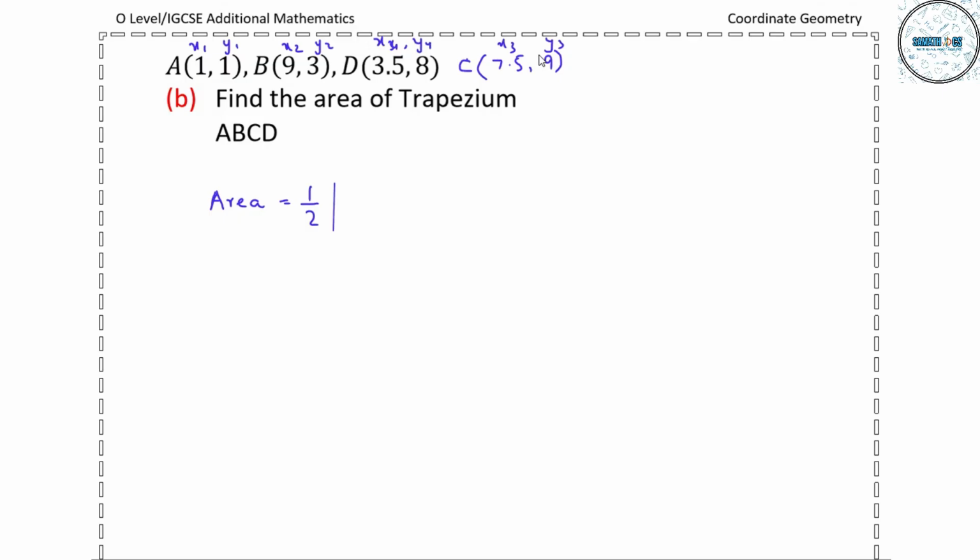We have to write the coordinates in the same order as given in the question: A, B, C, and D. So we will write here 1 and 1, 9, 3, 7.5, 9, 3.5, 8, and the first coordinate, A, is to be repeated. So 1 and 1.